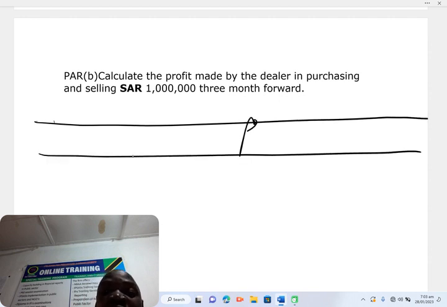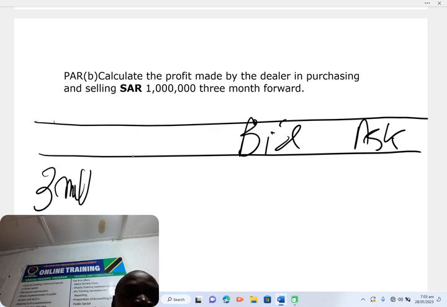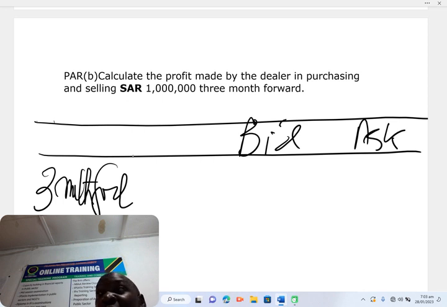So you ask here, bid and ask. But the next step, which currency is quoted against South African rand? Automatically, Tanzanian shillings. There is no other currency. So just write 3 months forward. And South African rand must be a trading currency, all right?